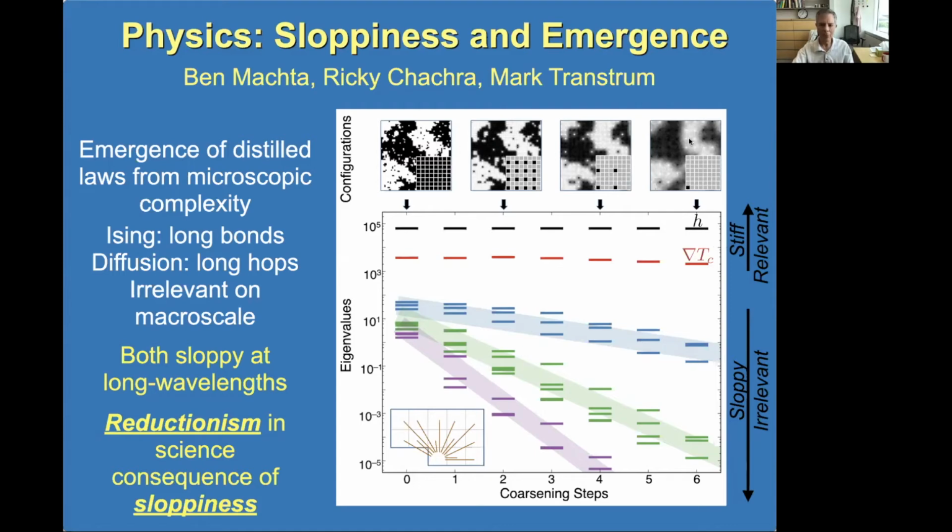But if you're interested in long wavelength properties, sure enough, the known important variables, the diffusion constants and the average drift for the diffusion equation, or the temperature and the field for the Ising model, they turn out to be the stiff relevant variables, and the sloppy irrelevant variables peel off, and you get this nice hierarchy of eigenvalues.